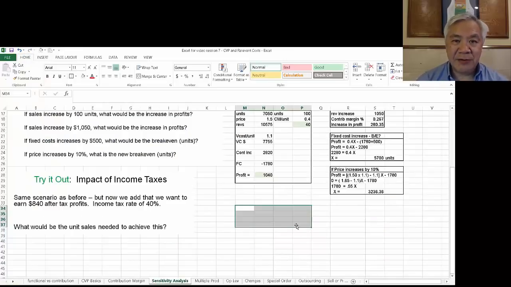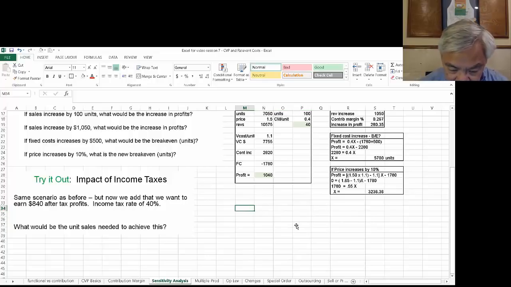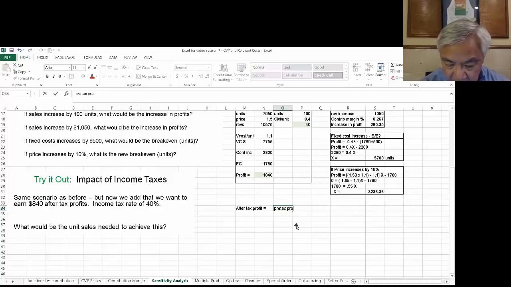All right, let's try it out with real numbers. What we're given here is that we have an after-tax target of $840 and a tax rate of 40%. So what we need to do is figure out, well, what is our pre-tax profit in order to equal that post-tax profit? So let's just go post-tax, or better known as after-tax, profit equals pre-tax profit times 1 minus the tax rate.